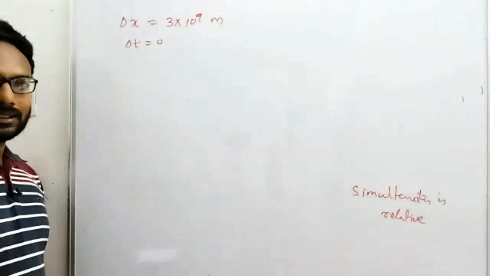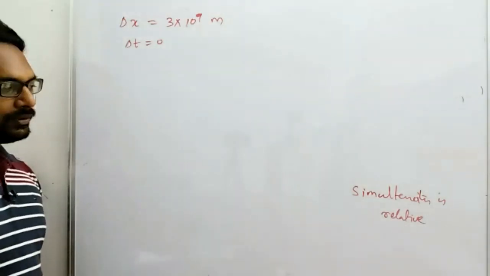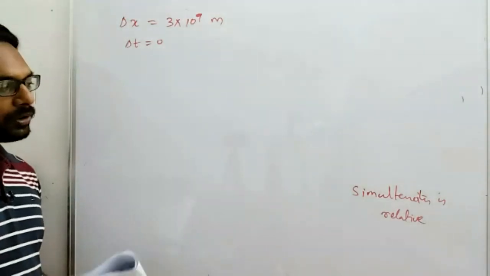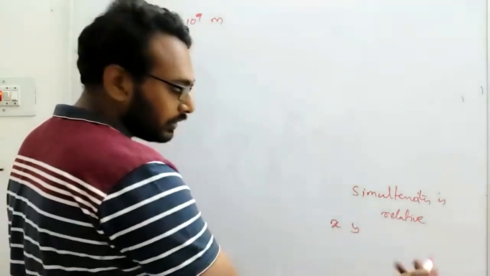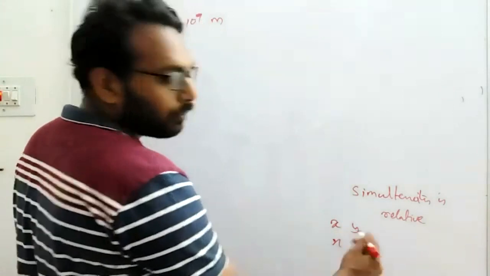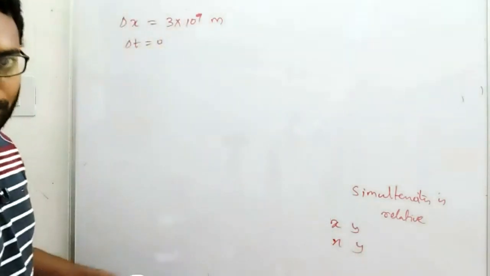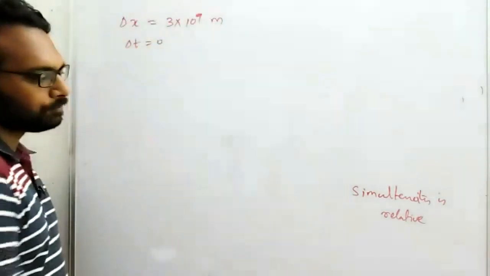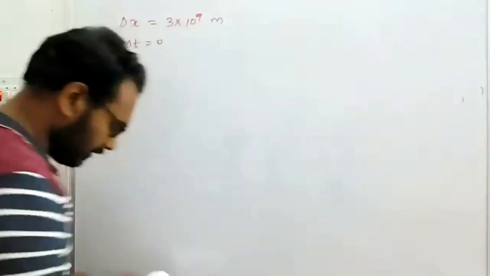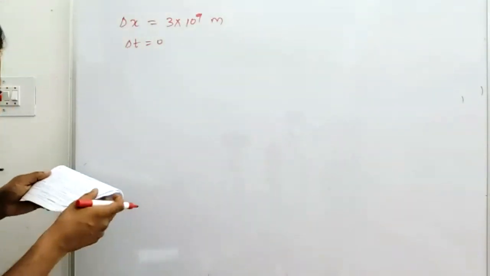For some events, the time ordering is also relative. I may say that X happened after Y, but you may say that X happened before Y. This is not true for all pairs of events, but for some events, and simultaneity is relative. Right? So that's again the thing that we are going to see here.